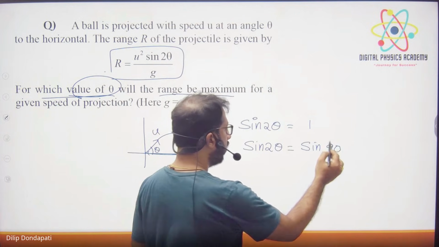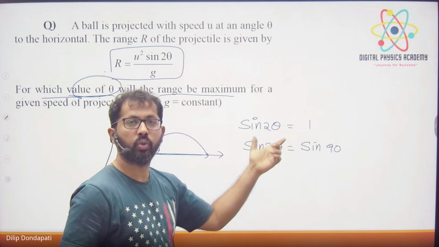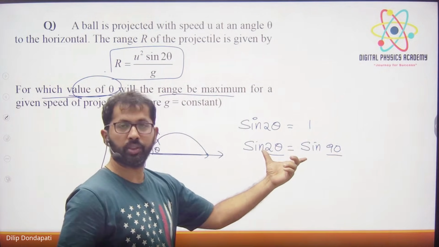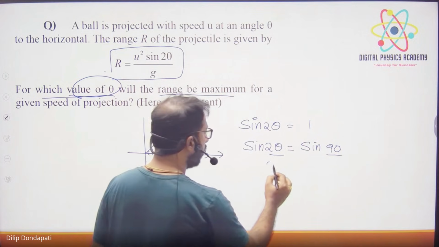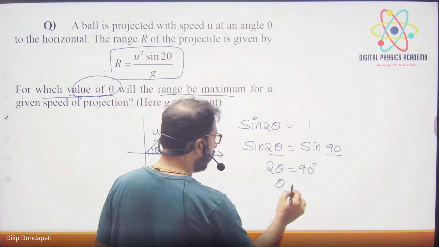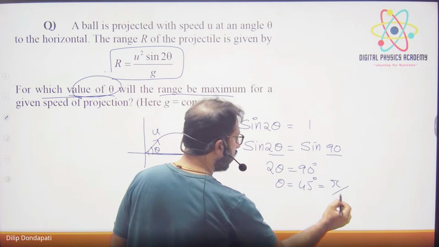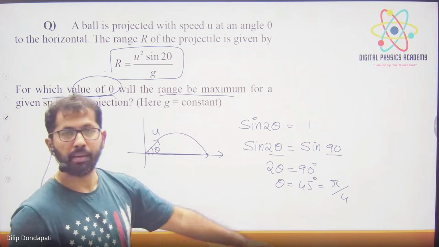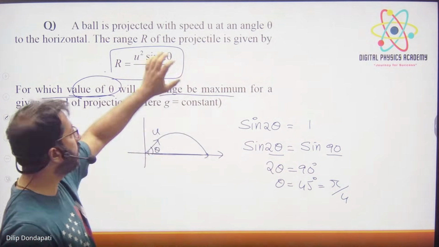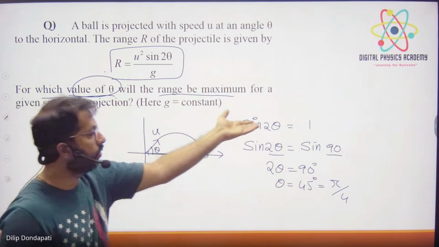When these two sines are equal, 2 theta is equal to 90, then only these two expressions are equal. So 2 theta is equal to 90 degrees, so theta is equal to 45 degrees, or I can write pi/4 radians. At this theta the range is maximum, because we substituted the maximum value of sine.